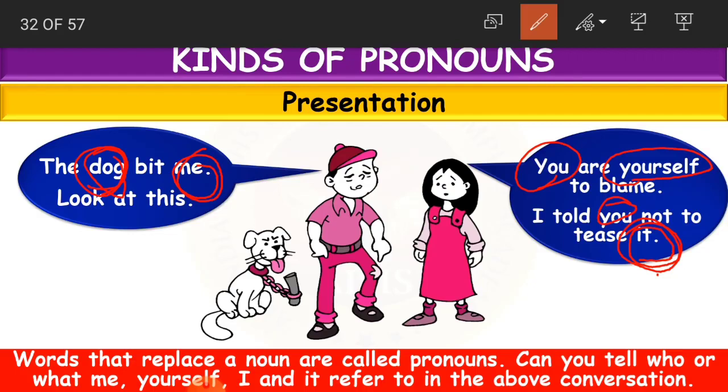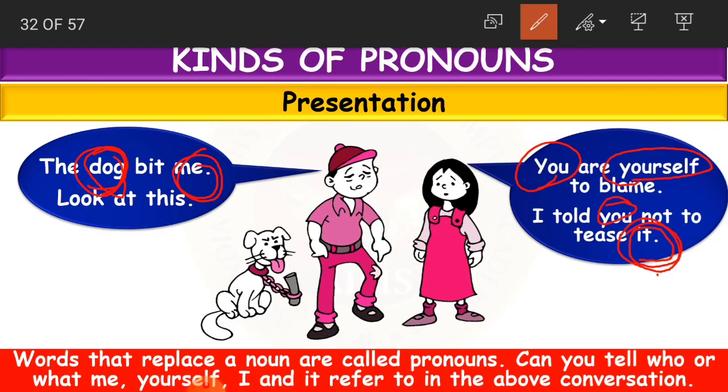Can you tell who or what me, yourself, I and it refer to in the above conversation? As I said, it refers to the dog. You refers to the boy.